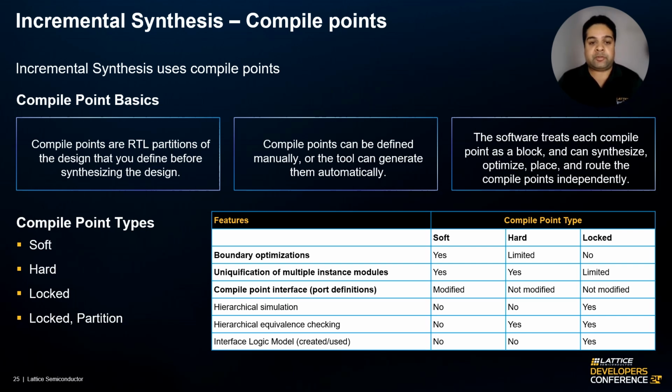There are 4 types of compile points that are provided currently: soft, hard, locked, and locked partition compile points. The details of each of these compile points can be found in the Synthesis or Simplify Pro user guide.